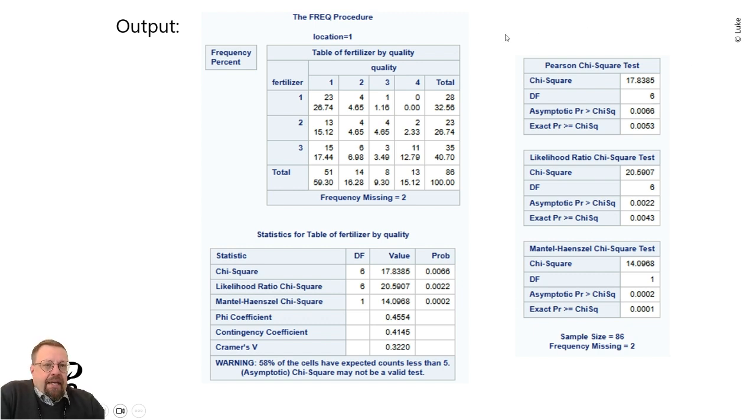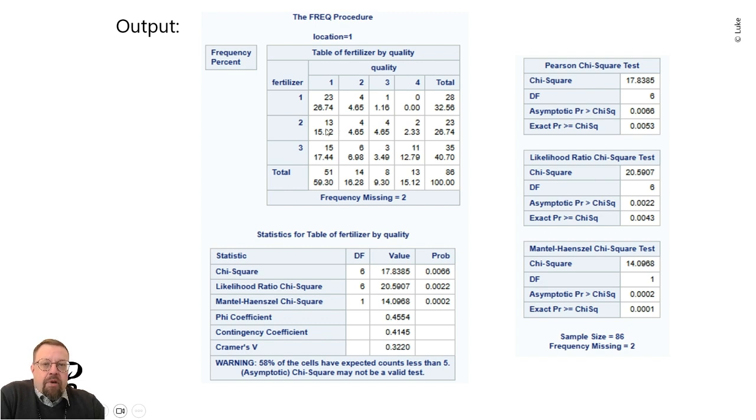But we get the exact versions here, and this is the exact p-value on the bottom row, so it's still 0.005. So that's still saying that the relationship between fertilizer and quality for location one is statistically significant.